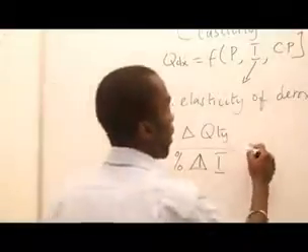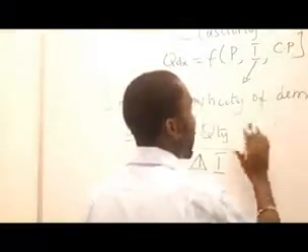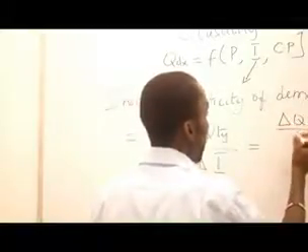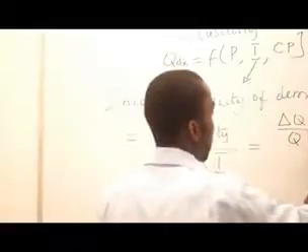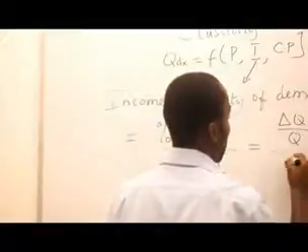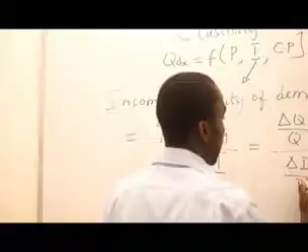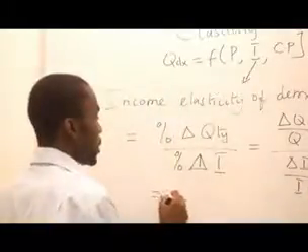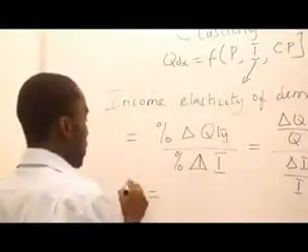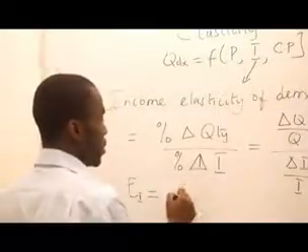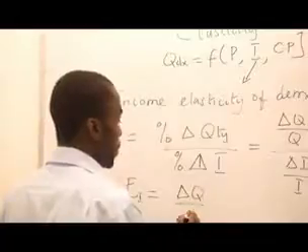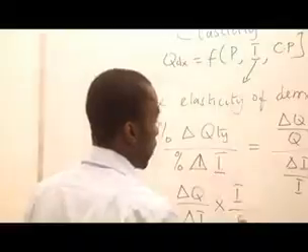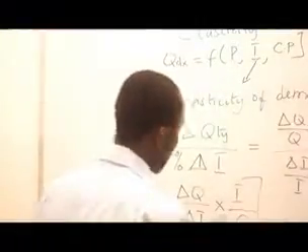We can further do manipulation so that we have change in quantity over quantity times 100 divided by change in income over income times 100, so that you eventually end up getting your income elasticity to be change in quantity over change in income times income over quantity.